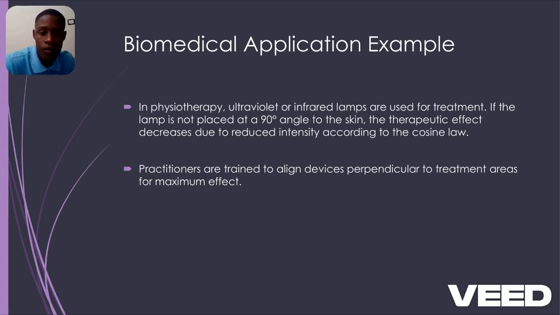So in biomedical physics, in physiotherapy, ultraviolet or infrared lamps are used for treatment. If the lamp is not placed at a 90-degree angle to the skin, the therapeutic effect decreases due to reduced intensity, according to the cosine law. Practitioners are trained to align devices perpendicular to the treatment areas for maximum effect.